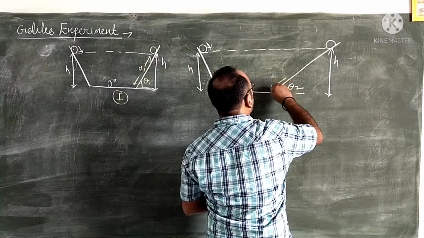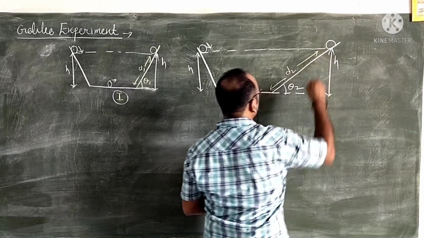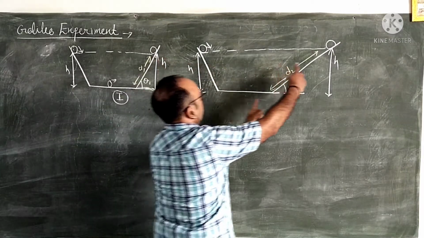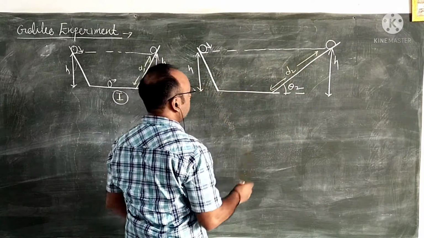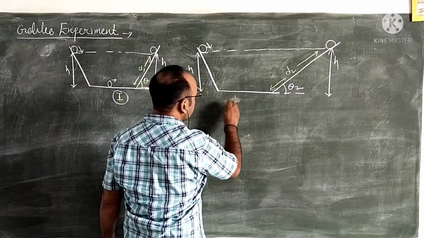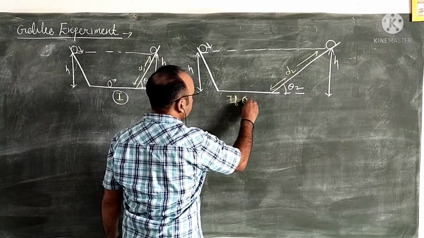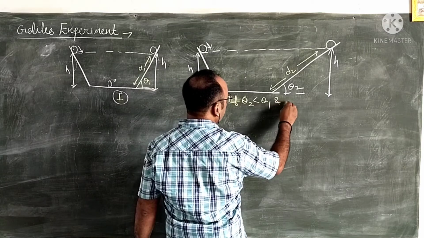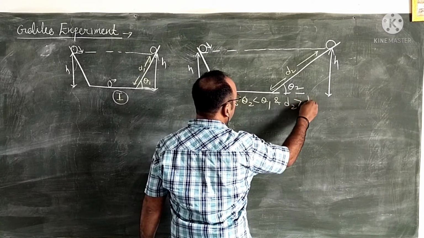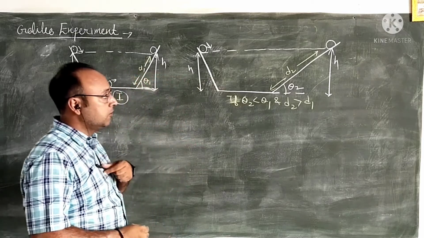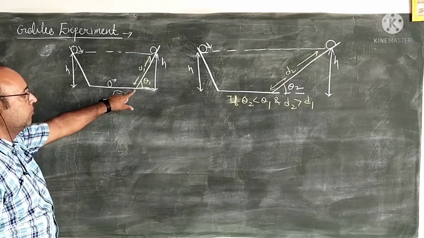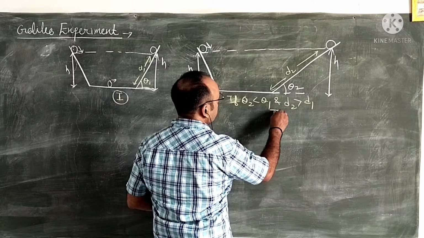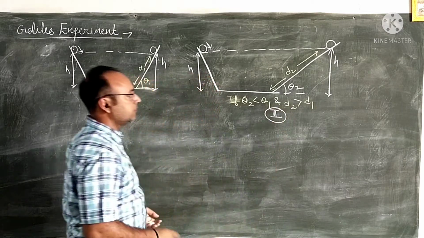This is another distance covered. He measured this, and you can see from the diagram that these two are different. Since theta 2 is less than theta 1, d2 is greater than d1. That means the ball covered more distance compared to case number 1. That was the observation in the second case.